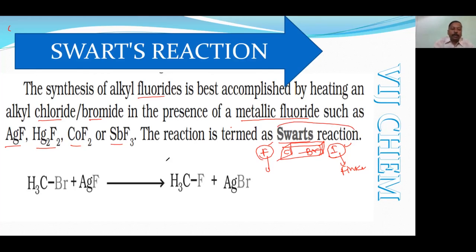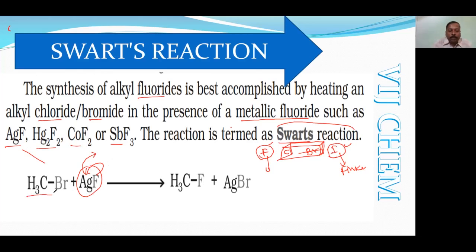Here I have taken an example of AgF, and we can take Hg2F2 and CoF2 also. But these must be less reactive because we are worried about the over reaction of the fluorine. So at least we will pair that halogen with a less reactive metal. Then CH3Br.